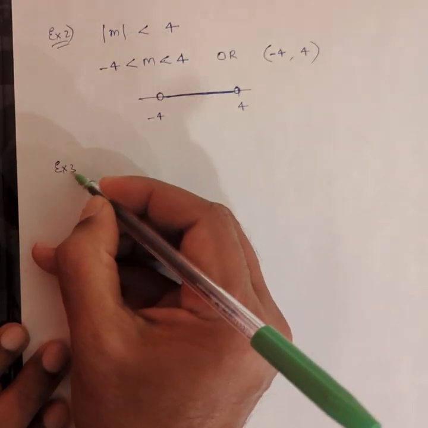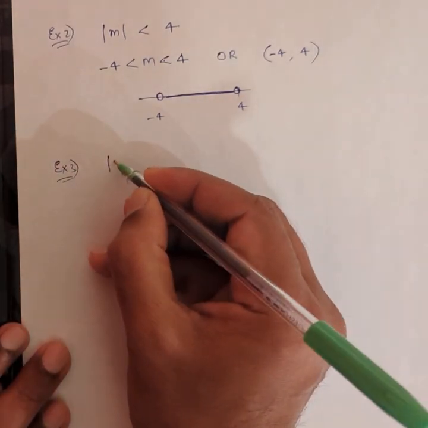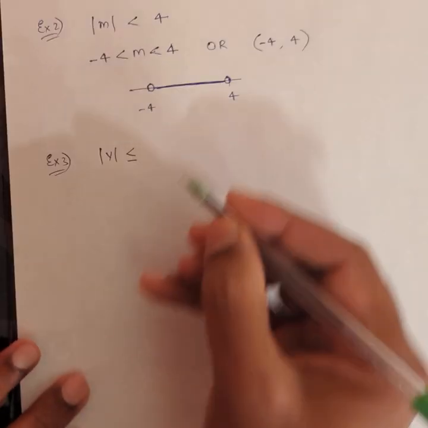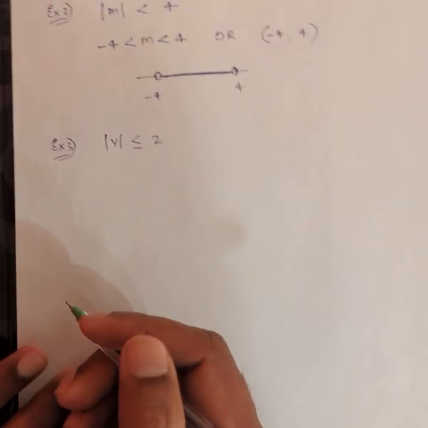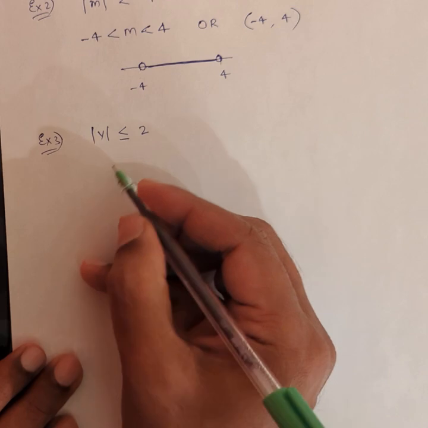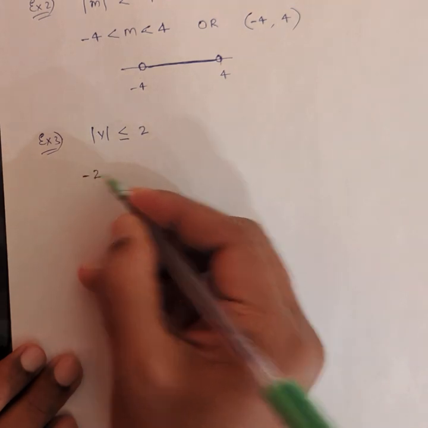Now, what would you have if it is something like y is less than or equal to 2? Well, this time, I'm going to again sandwich y between negative 2 and positive 2.